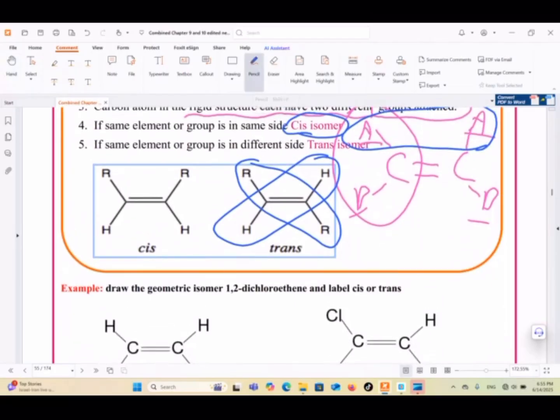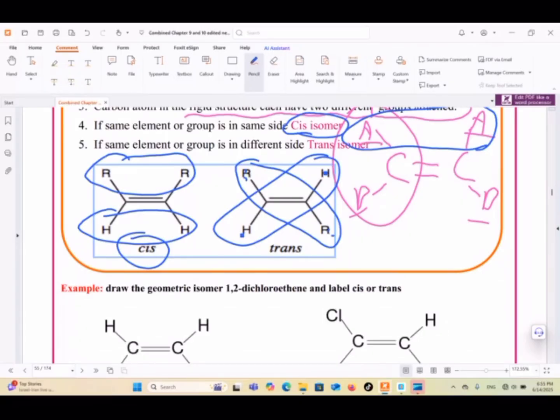As you can see in this structure, the R's are on the same side and the H's are on the same side. That's why we have used cis for this structure, and in the other one we have got the same type of groups on opposite sides. That's why we have used trans.